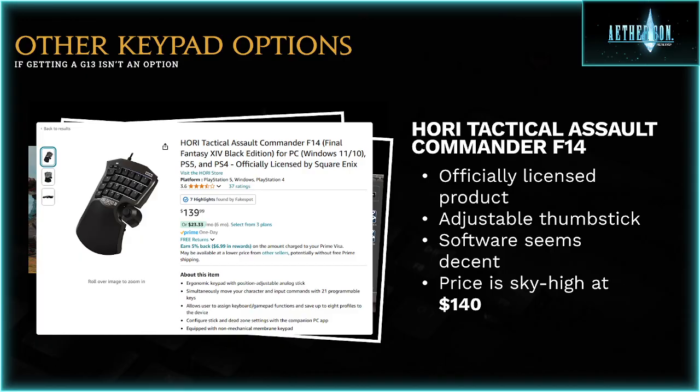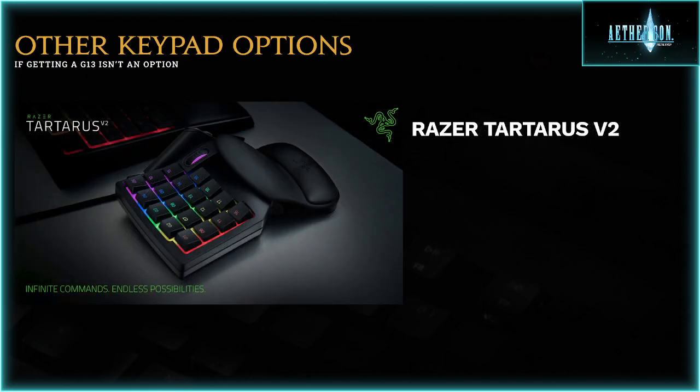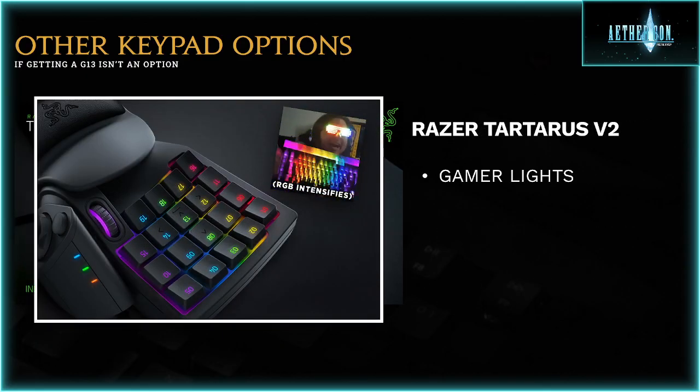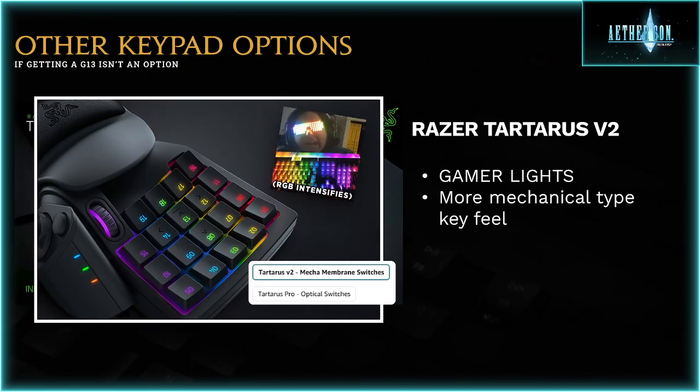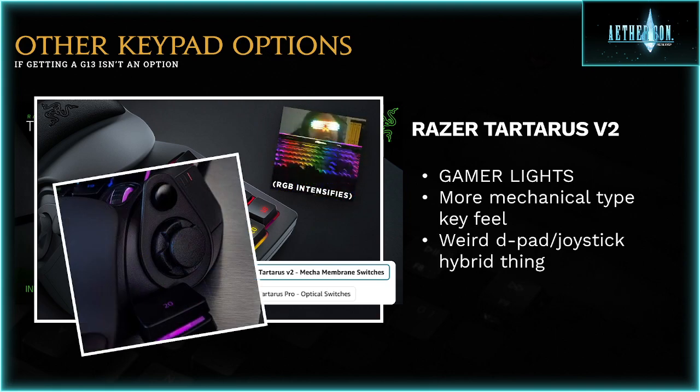But if you want something with more gamer lights, then you can get the Razer Tartarus V2. It has more mechanical type keys, some different options. It does have this weird D-pad joysticky thing, and I don't really know how to feel about it.